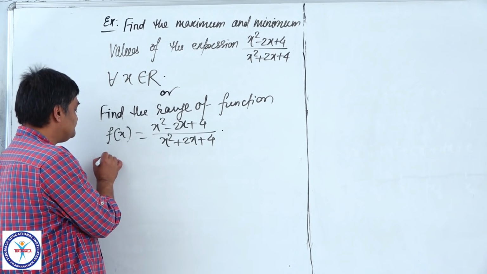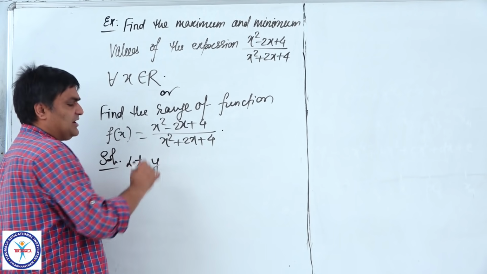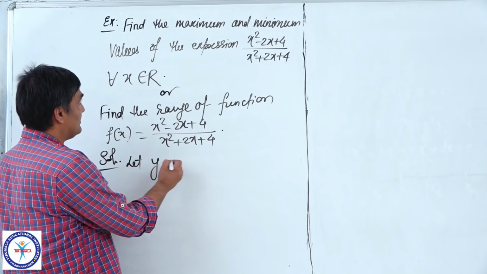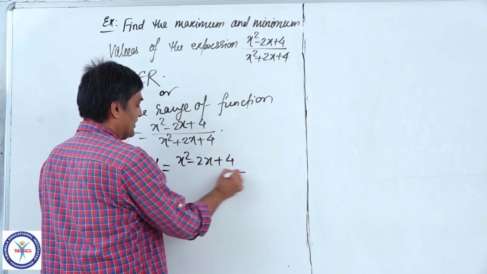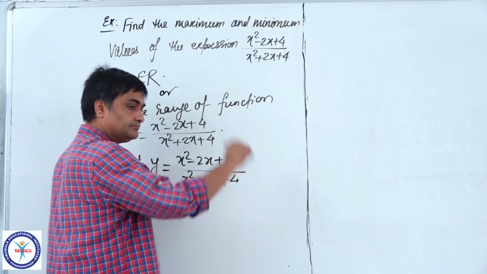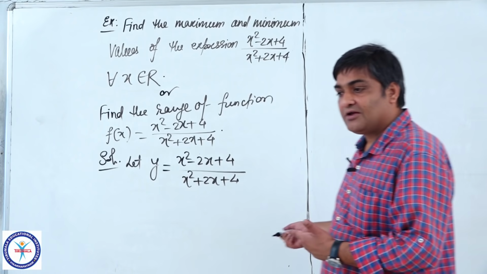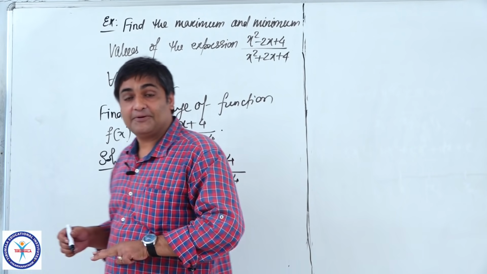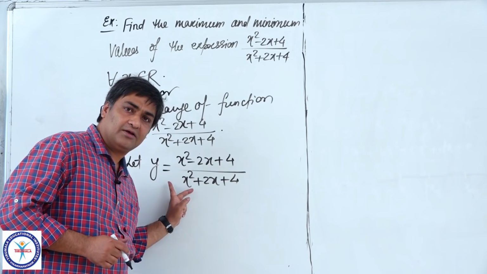What should we do? Let this expression be equal to y. Suppose the given expression is equal to y. So now we have to find the maximum and minimum value of y.